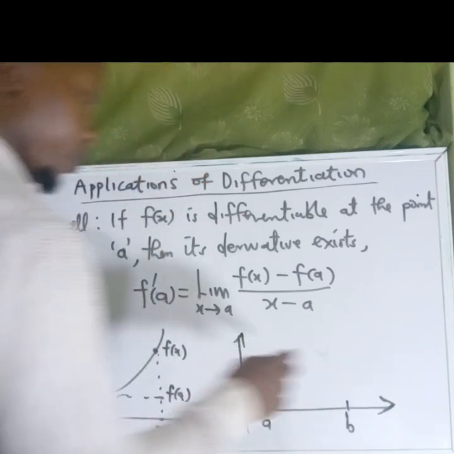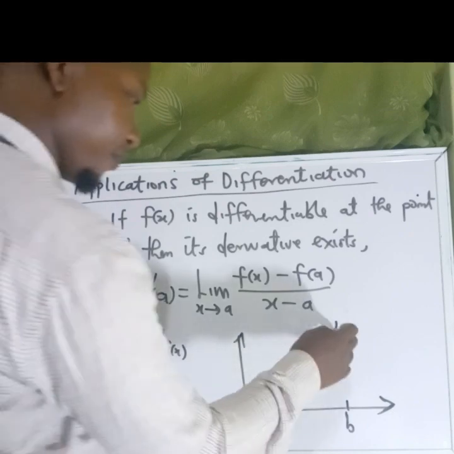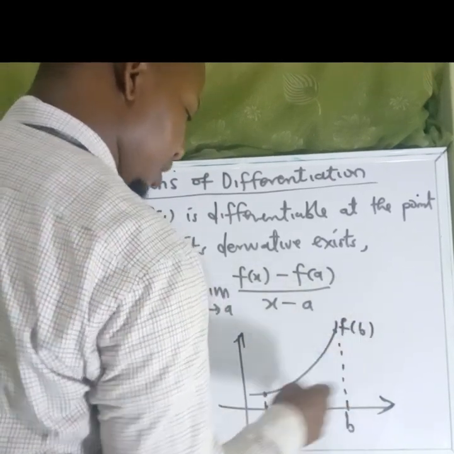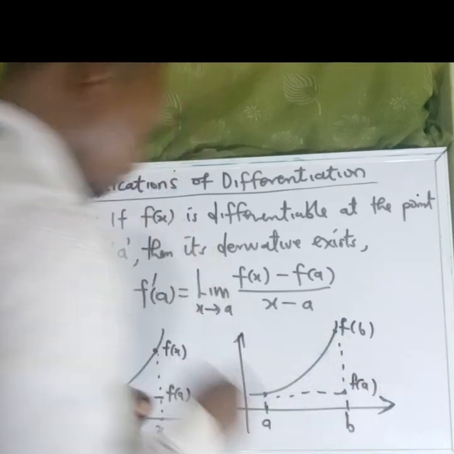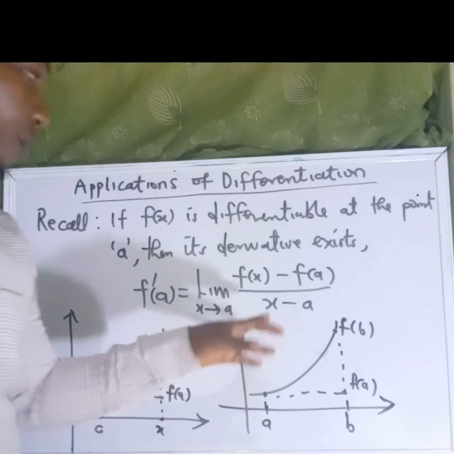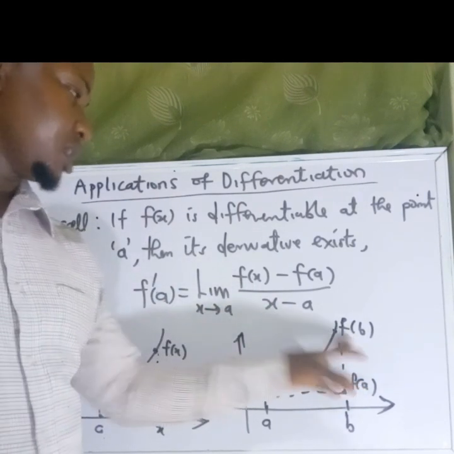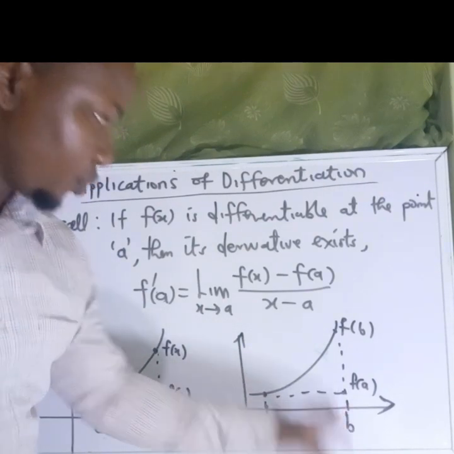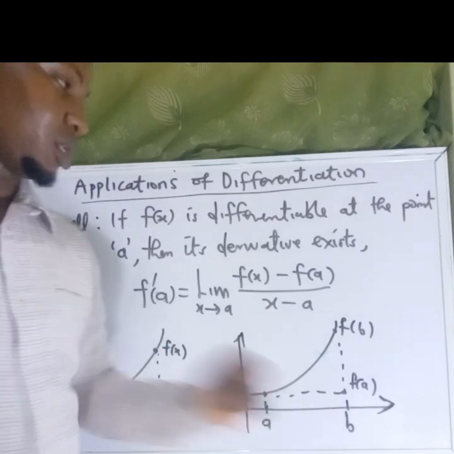So for the same graph, here we have f of b, and here we have f of a. So in this case, whenever we see f of x, we can replace it with f of b, and whenever we see x, we can replace it with b.